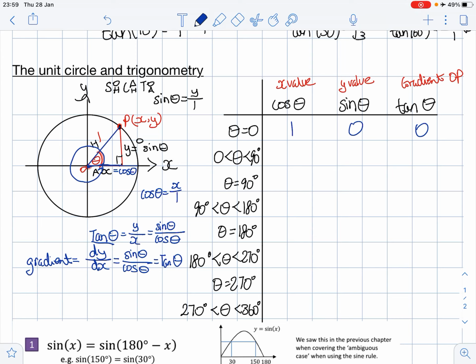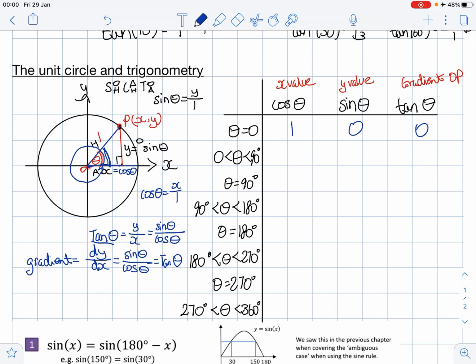Let's look at another one. We want to find out what the x values are going to be. Are they positive, negative, or 0? Let's have a look. We're now looking at the values in this region when the angle is between 0 and 90 degrees.